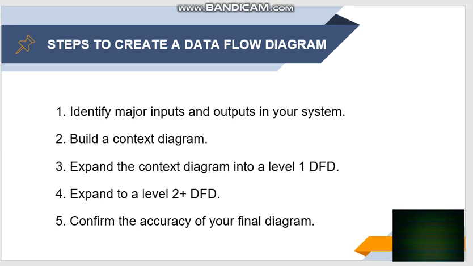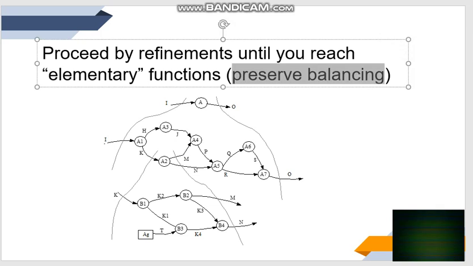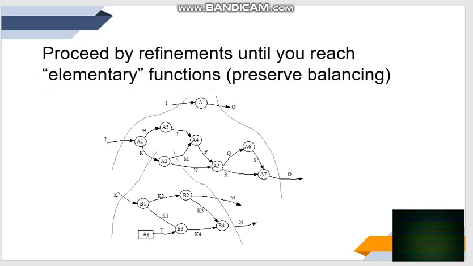So here, for an example, is a context diagram. It has a single process node and it is connected to the related external entities. Then, proceed to refinement. Here, you'll apply the level 1 DFD.